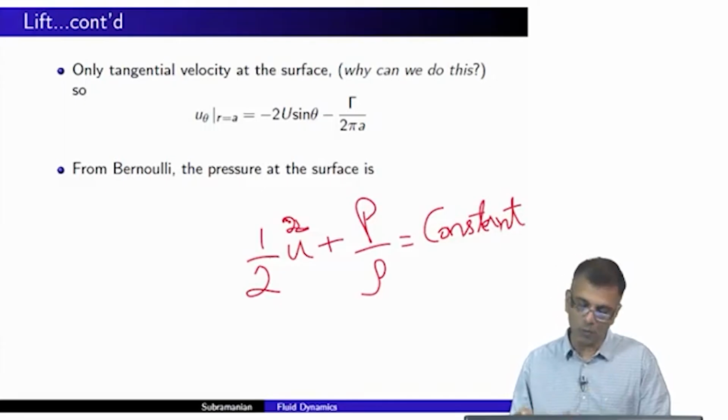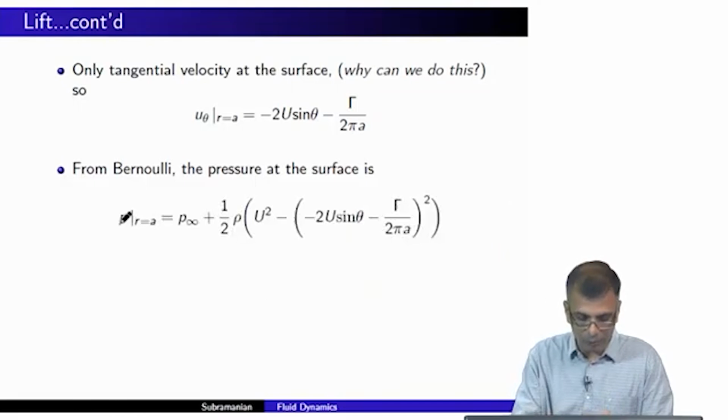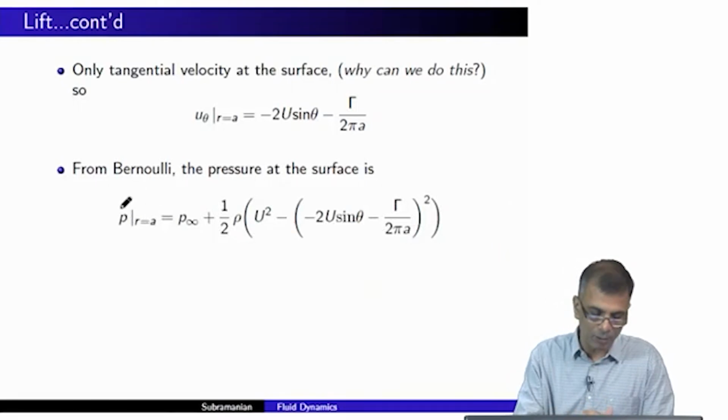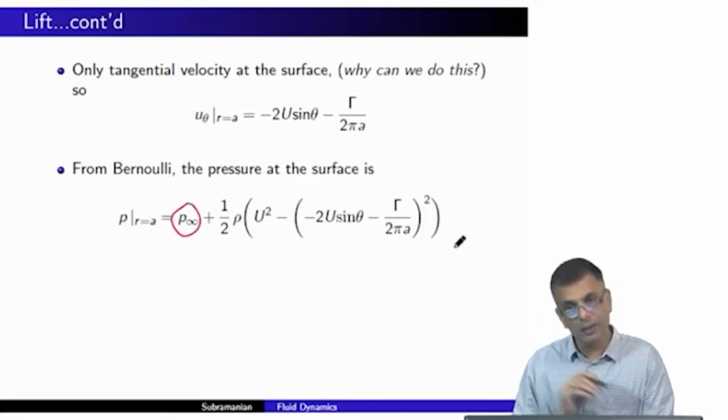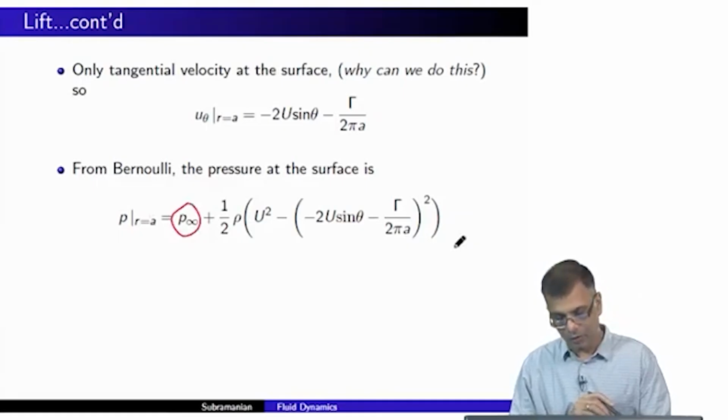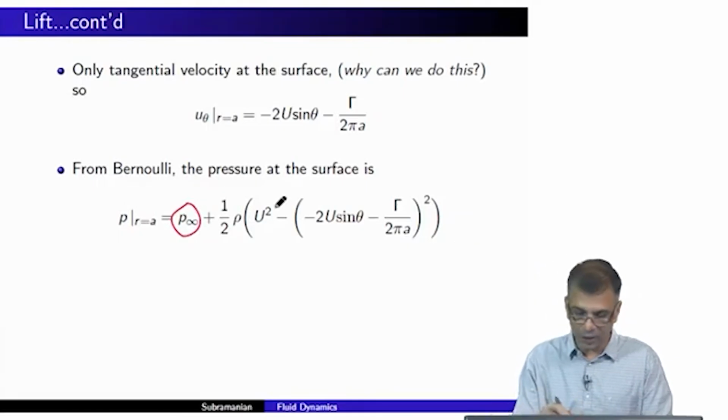So from that we get the pressure at r equals a. We can relate the pressure at the surface of the ball to the pressure at infinity. This is the pressure at infinity, like this. Right? So the velocity at infinity is this.